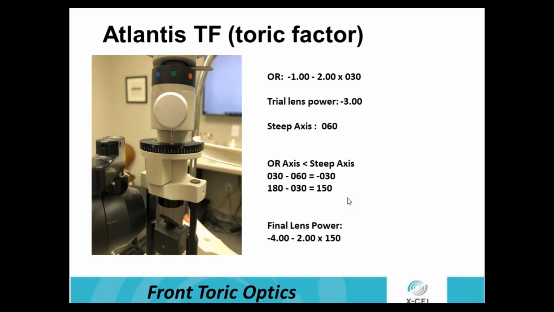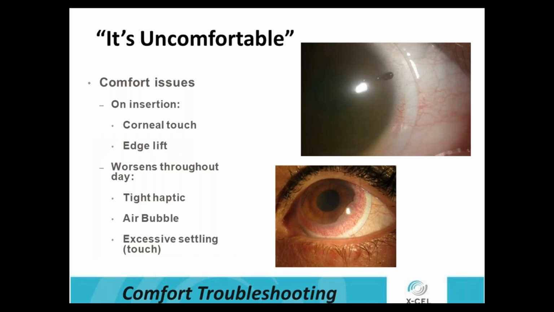Left add, right subtract from there with your over refraction cylinder to get your final axis on that. Very simple, very easy. The biggest point is make sure rotational stability has been done through the toric haptic.